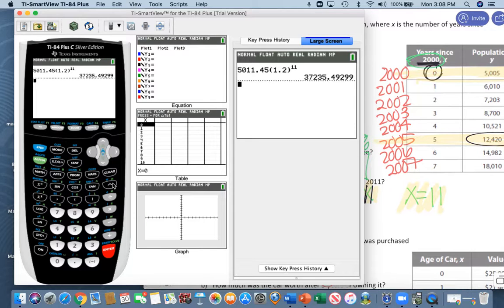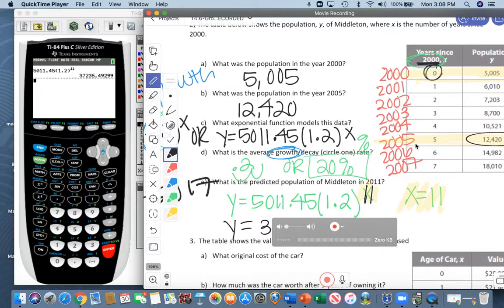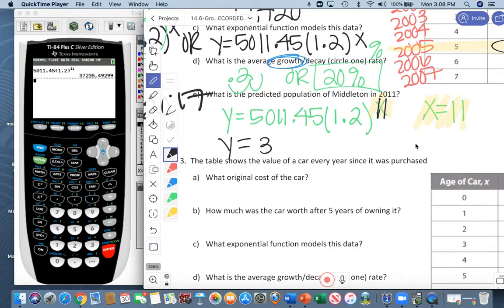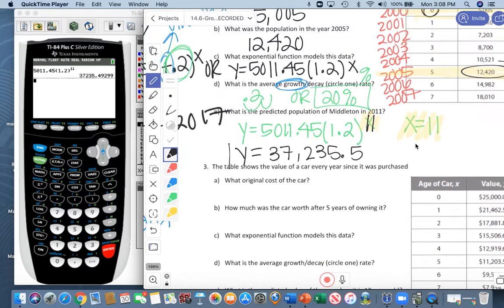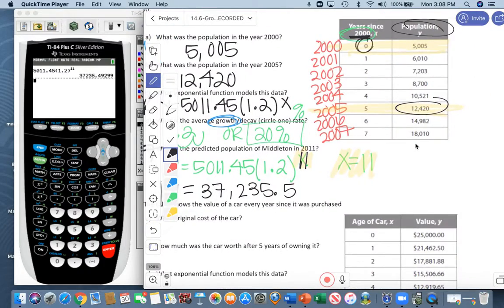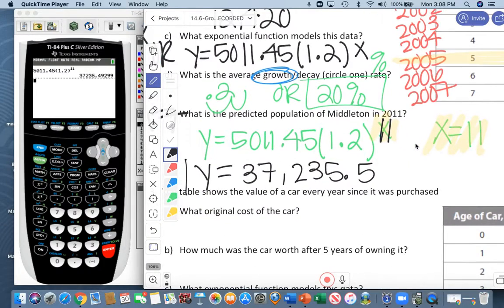And I get y equals 37,235 point, we wouldn't say 0.5-ish. And since it's talking about population, can I have 0.5 of a population? I can't have half a person. So I'm going to round this to 37,236 as the final answer.